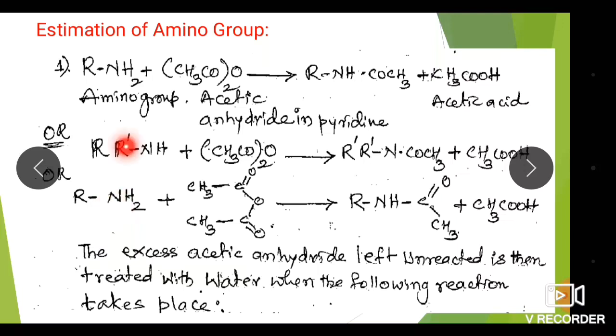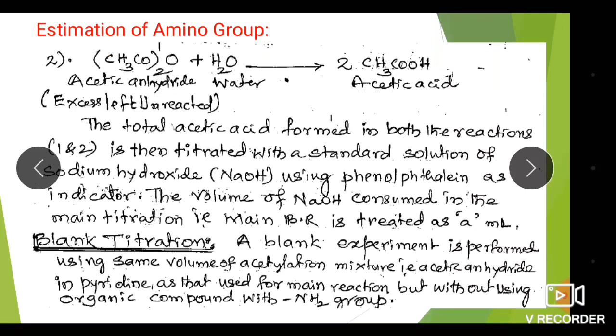So if we take this 10 ml, and it reacts with 5 ml, then 5 ml is unreacted.